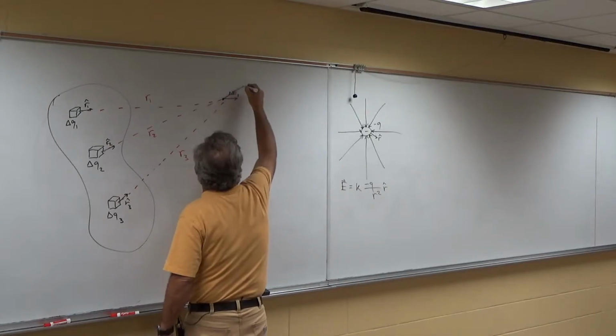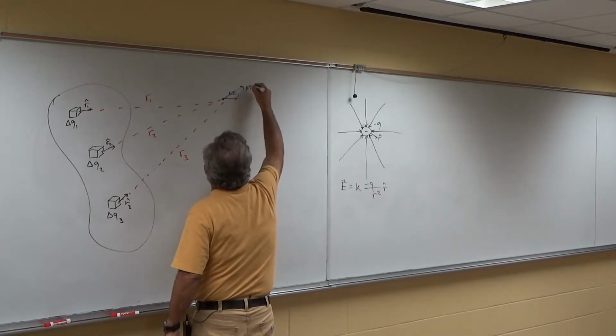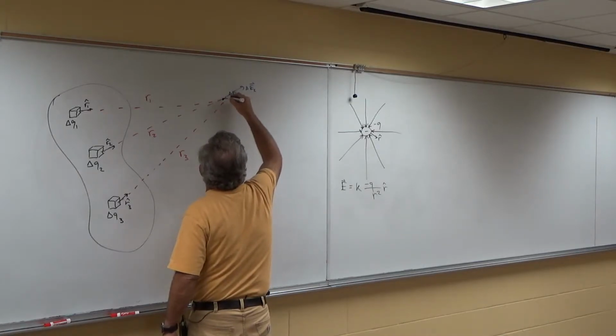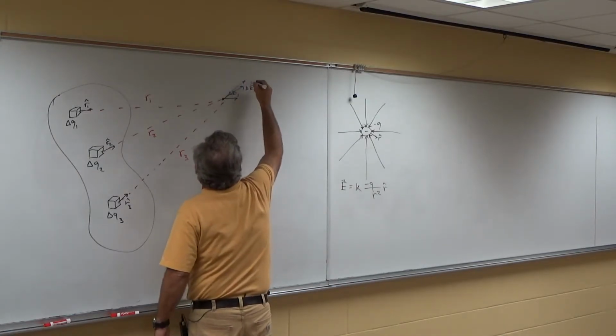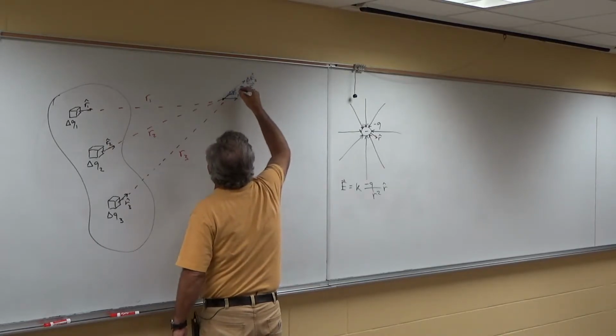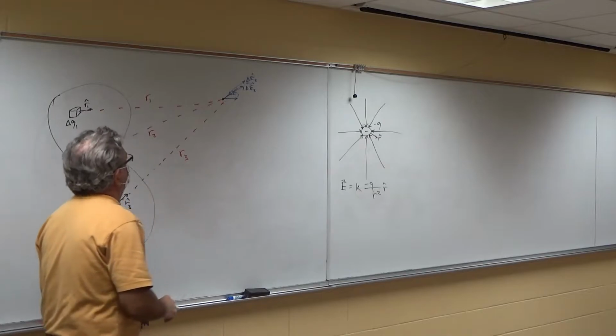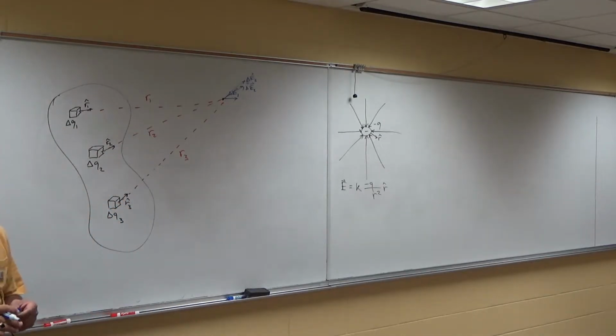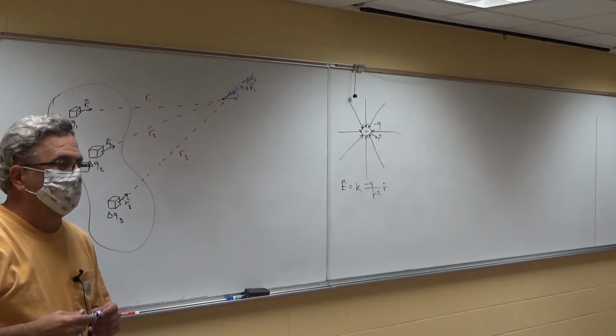I get a delta E2. And, oh man, how do I fit this in? Delta E3. Those are all little vectors. Follow me? So I get a little bit of field from each one.